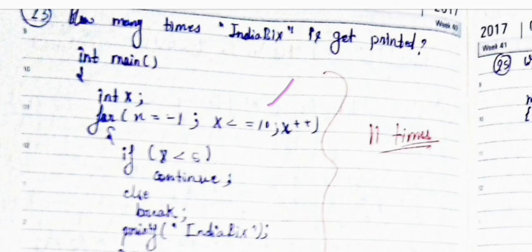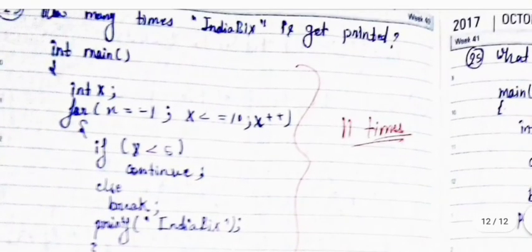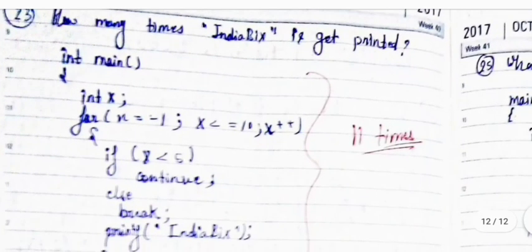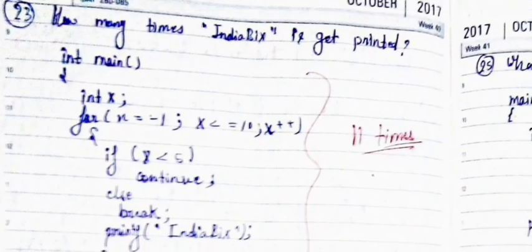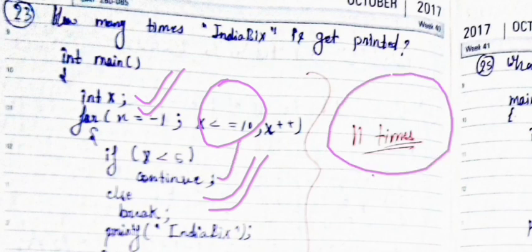Based on this we get the return value. It is printed 11 times. How? The value of x is less than 10, but its initial value is -1, and the continue keyword is used. So after 5 it also continues, and it prints 11 times.